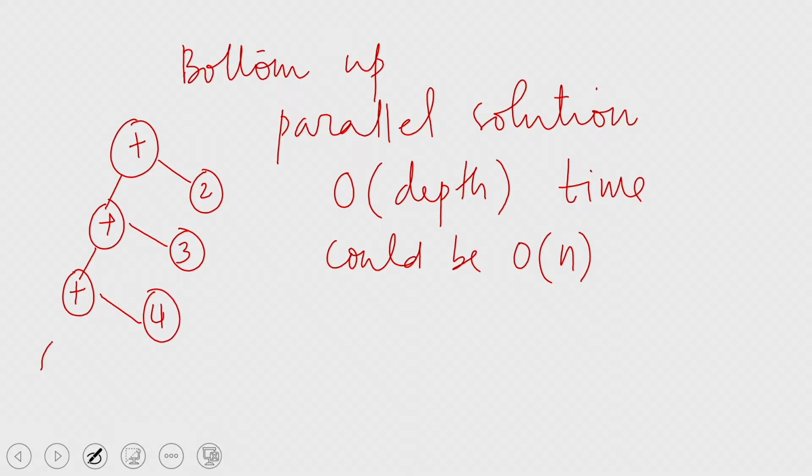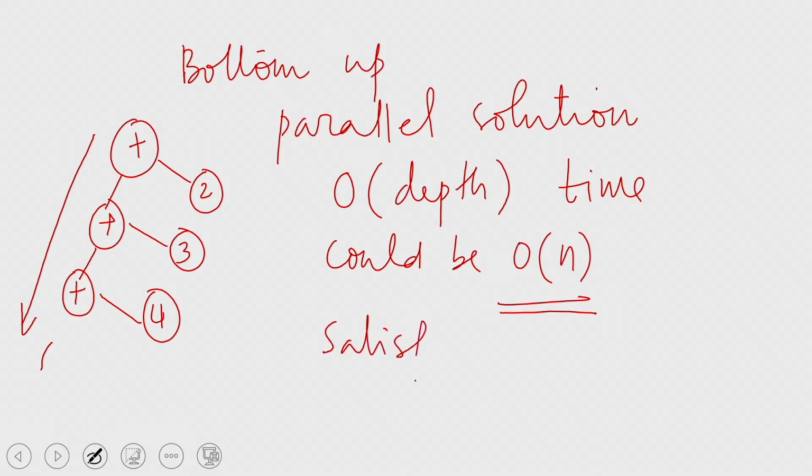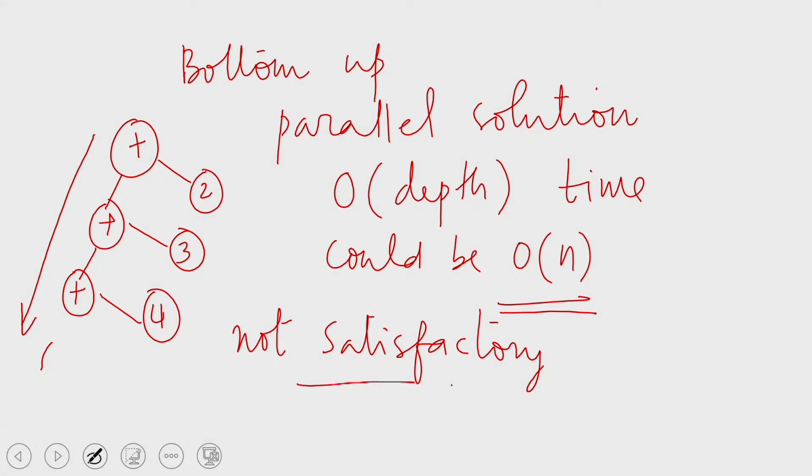So, in this case, the sequence of these nodes, the spine of the tree could be of length order of n. Therefore, the depth of the tree is order of n. Therefore, evaluating this tree could take order of n time. Therefore, a parallel solution which takes order of depth time is not satisfactory. We want an algorithm that runs faster.